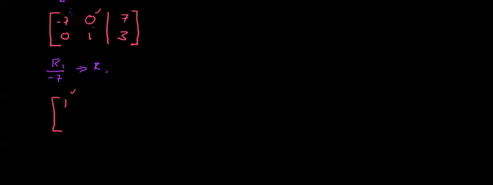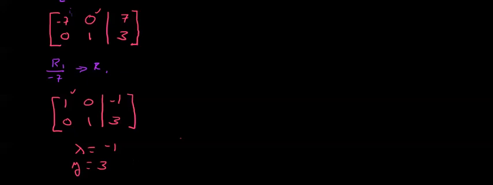Voila. 0 divided by anything is 0. Voila. 7 divided by negative 7 is negative 1. And we have 0, 1, 3. X then equals negative 1. Y is equal to 3. And my solution is negative 1, 3, written, of course, as an ordered pair.